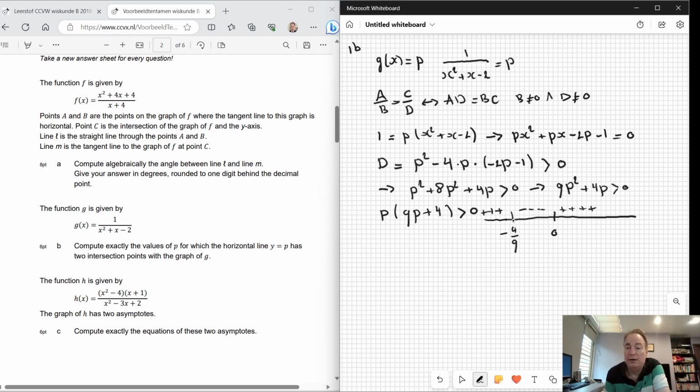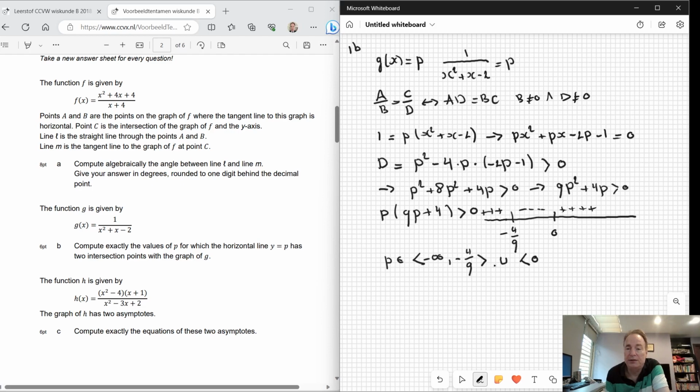And at this point, it's exactly 0. So we want to be in the interval, so that p belongs to minus infinity to minus 4/9, or from 0, not including, to infinity.